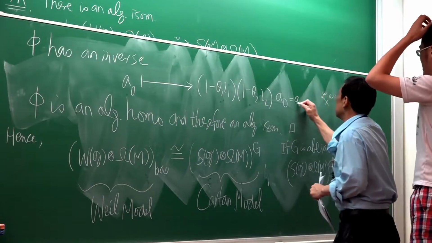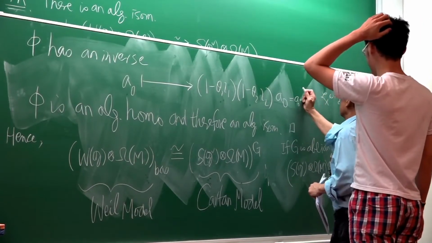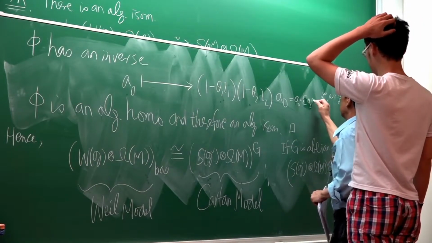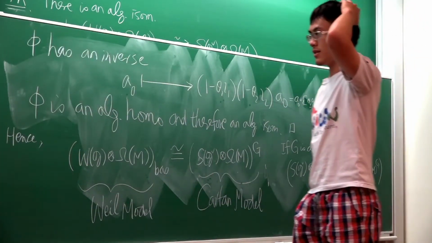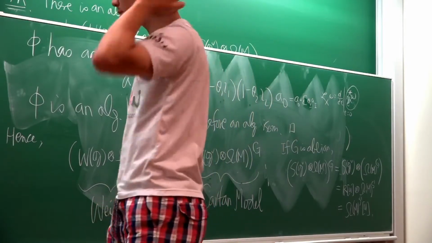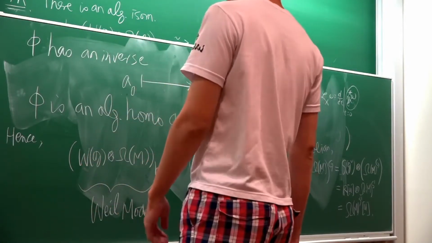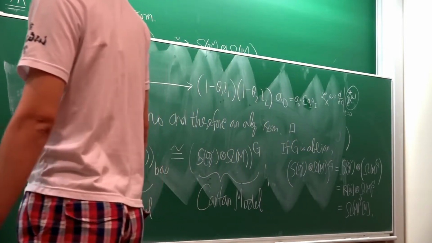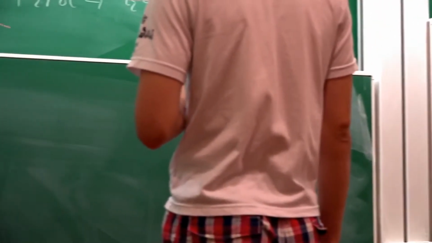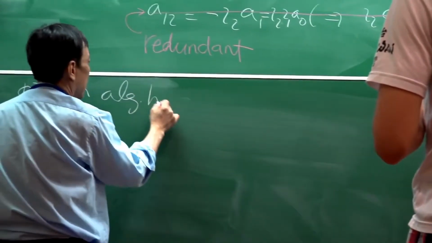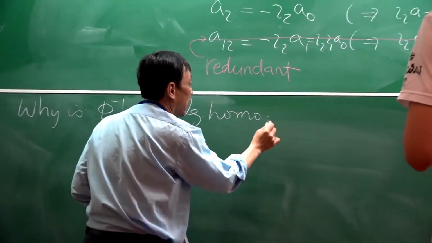This is A0 plus the sum of theta 8i, right? And so, yeah, the question is, why is phi inverse an algebra homomorphism?